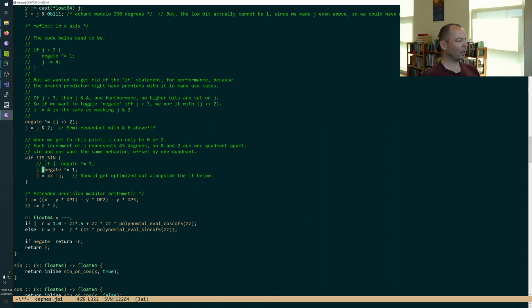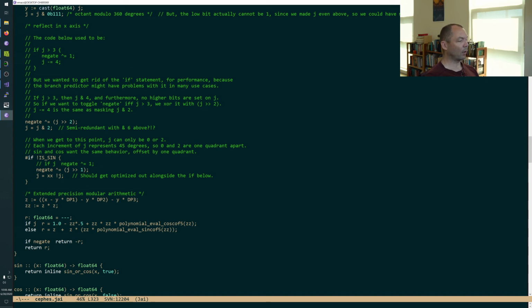So this is J, XOR equals, or no, sorry, negate, XOR equals J right shift 1. Did we not do that? Maybe we were just trying to avoid the shift, and then we ended up with a shift down here anyway.